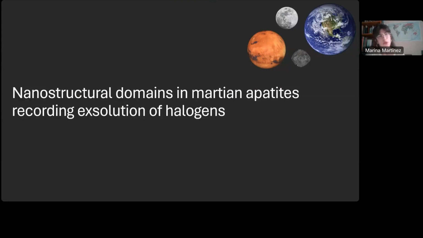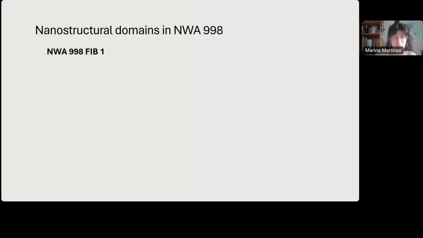So first, we are going to talk about these nanostructural domains. I will basically only show high resolution images of apatites in these two Nakhlites and then other planetary bodies for comparison.